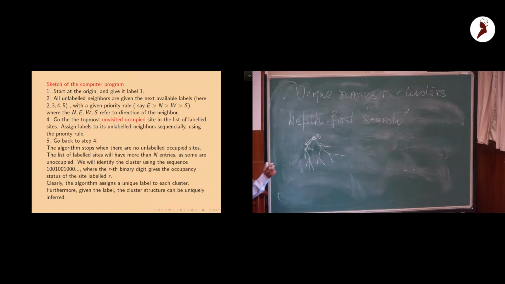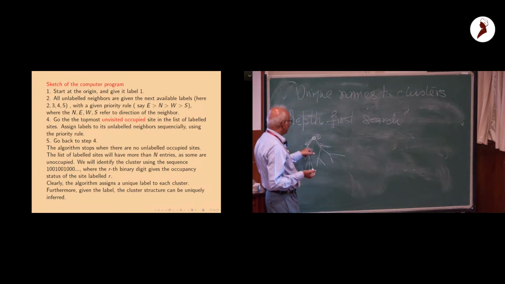And this is what we will use in our problem to generate the full list. See, the point is the argument is logically very clear already. I have told you the rule. But now you have to actually implement it. You have to write a computer program which does exactly this. When you come to a site, you decide to occupy it.